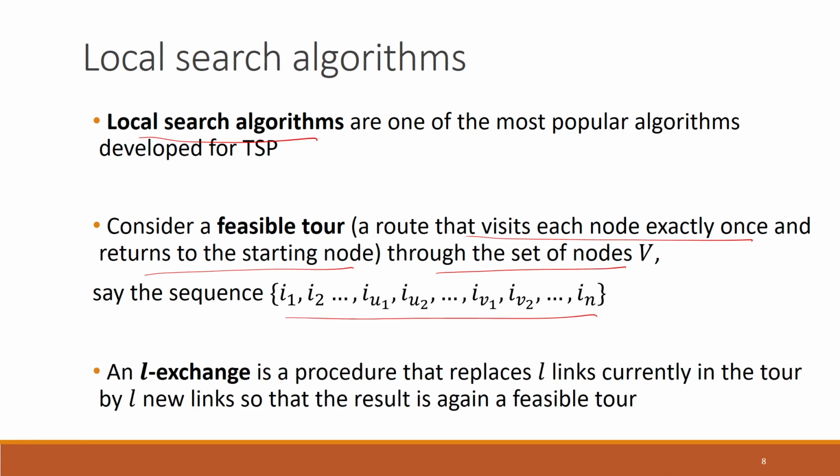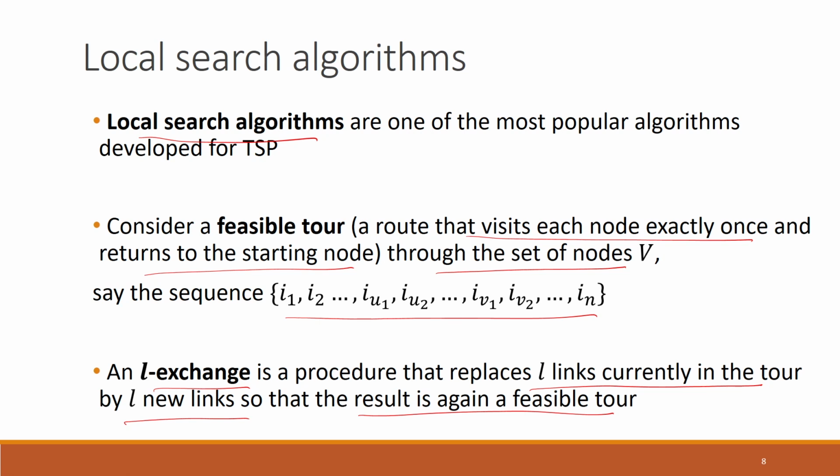In local search algorithms, we have a procedure called an L exchange, which replaces L links currently in the tour by L new links, so that the result is again a feasible tour.